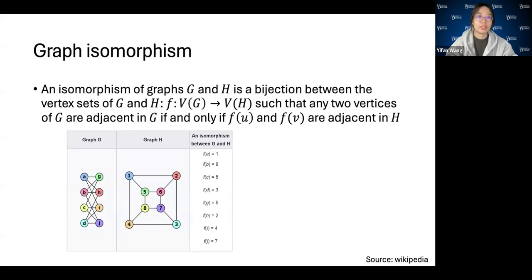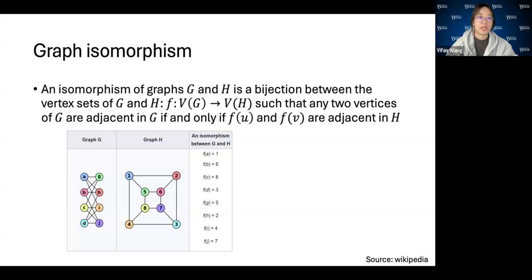Let's start with the definition of graph isomorphism. An isomorphism is a bijection between the node sets of two graphs, where the bijection preserves the adjacency relationship. That is, two vertices are connected in one graph if and only if the corresponding vertices in the other graph are connected.